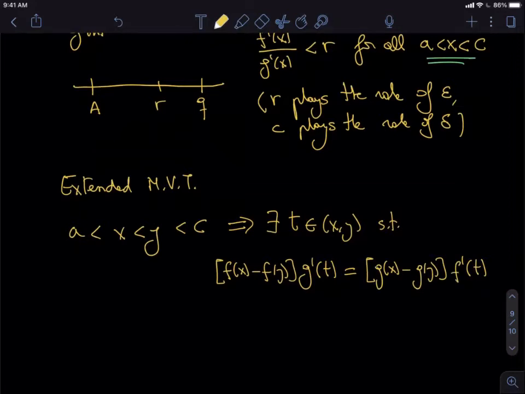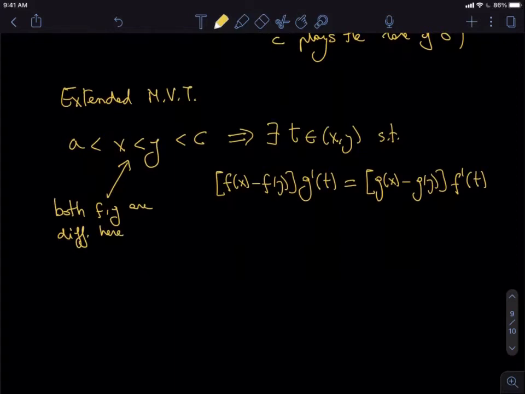Here, of course, we are using that both f and g are differentiable in this interval. Okay, they are differentiable in the interval (a, b), so then in particular, they are differentiable in (a, c).